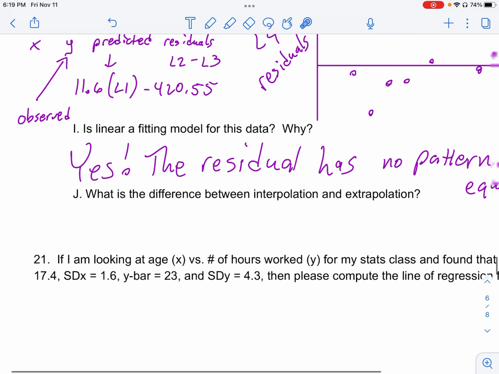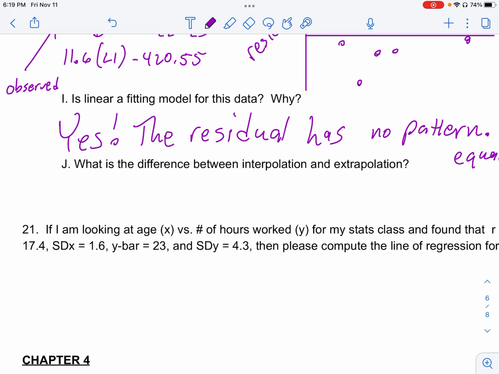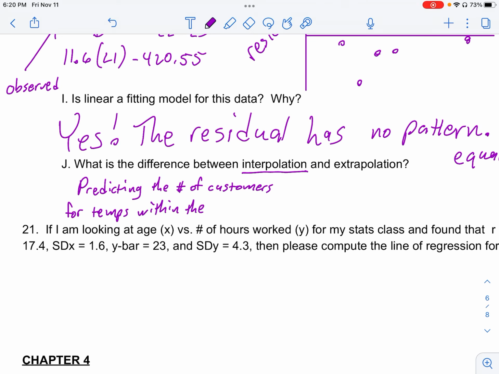J, how is interpolation different than extrapolation? Interpolation is predicting the number of customers for temperatures, for temps within the data set.